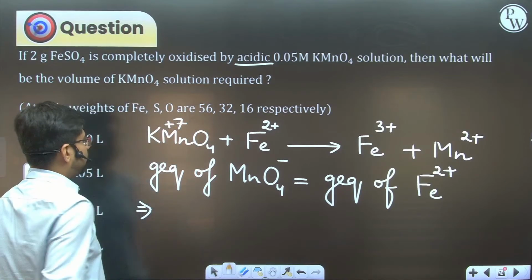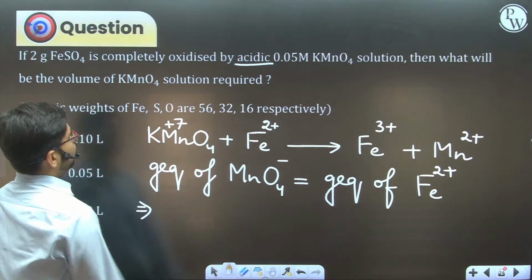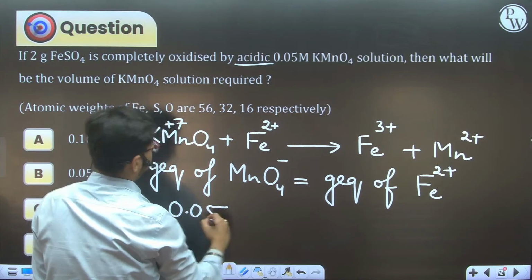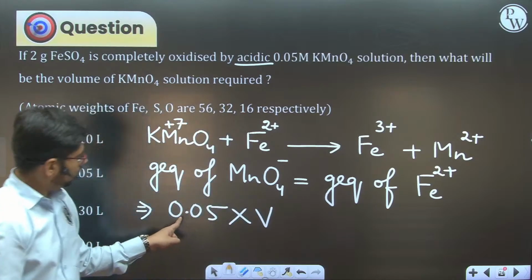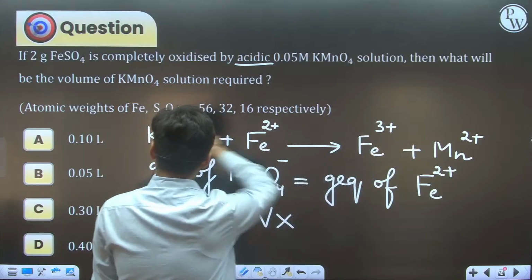GEQ is moles into NF, right? Now, moles is what? Moles is molarity into liters. Already we have discussed. So molarity is this. Liters, let it be V. So molarity into liters into N factor, 7 minus 2, that is 5.